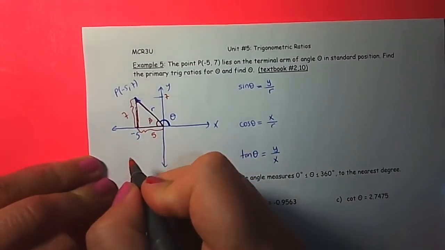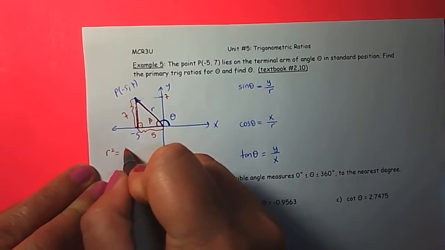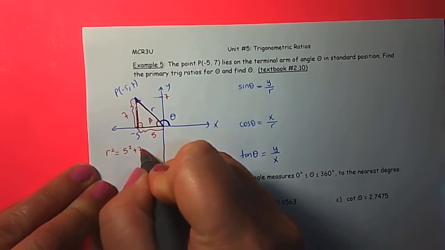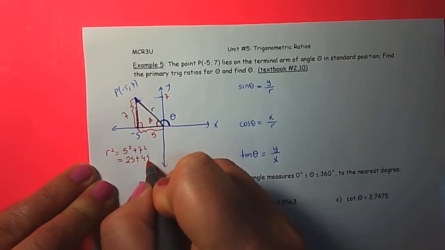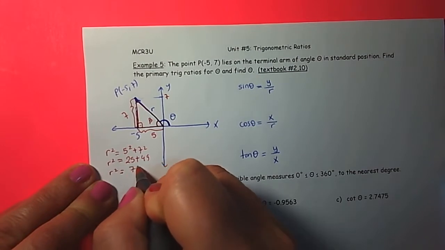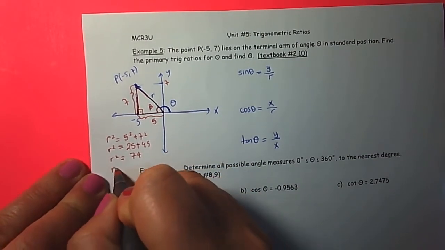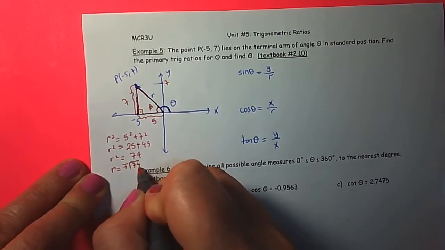Then we can use Pythagoras here, and we say r squared equals 5 squared plus 7 squared. That gives us 25 plus 49, so r squared equals 74. So r is the square root of 74. Actually we get plus and minus square root of 74.